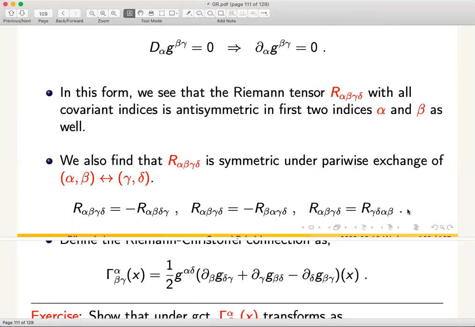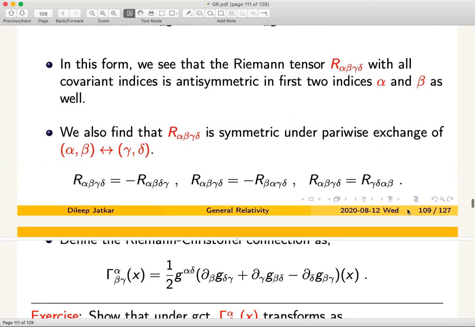Now, this is a quick calculation to do simply because we are working in the gamma equals 0 frame and we are dealing with a tensor. Okay, so whatever property that we have jotted down now is true no matter in which coordinate system you are. So you do a coordinate transformation, gamma is not equal to 0, fine. All covariant indices on the Riemann tensor would continue to have these properties. Okay, any questions?